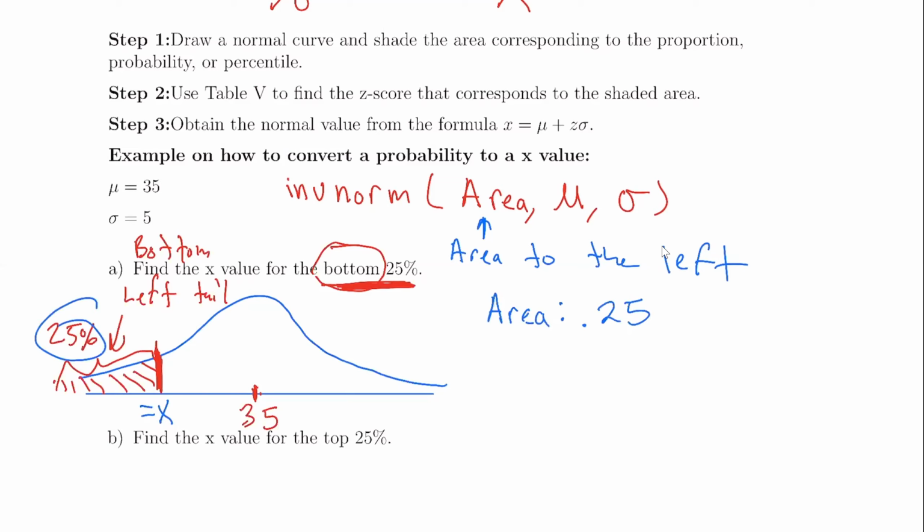You also want to tell it what the mu is. So mu is 35. Sigma is equal to 5. Any questions so far? I got area 0.25, mu is equal to 35, and sigma is equal to 5.